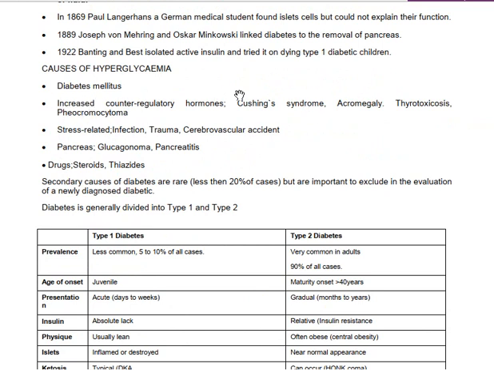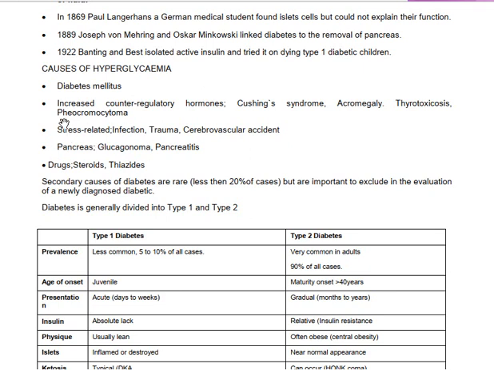Another hormone that increases glucose level is cortisol. In that case, you have Cushing's syndrome. Another is growth hormone. In that case, you have acromegaly. Another hormone that does glycogenolysis is thyroid hormone. In that case, you can have thyrotoxicosis. So you can see the different hormones and the different causes of hyperglycemia.